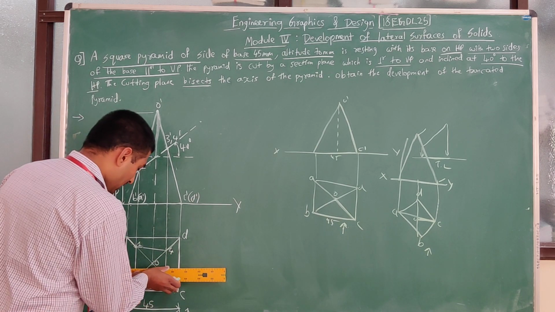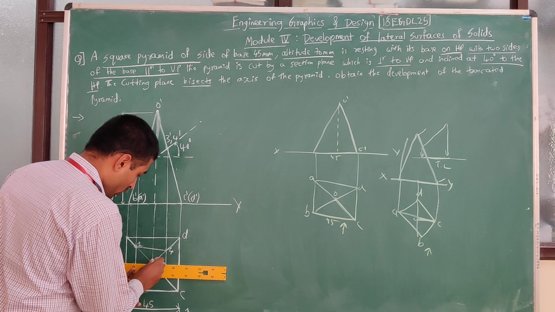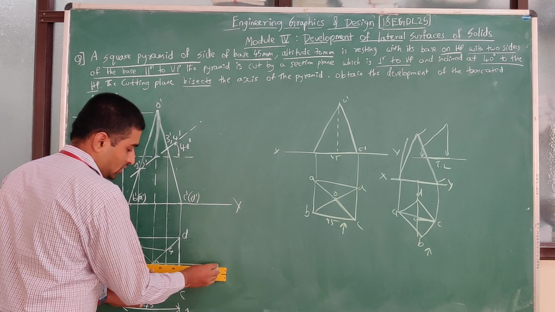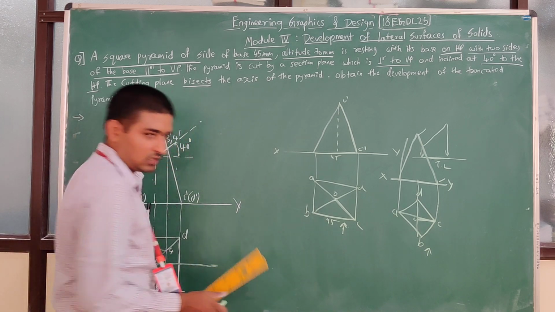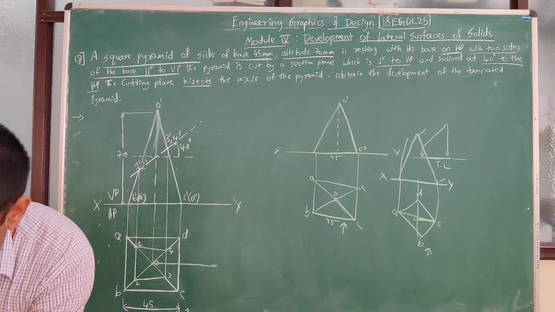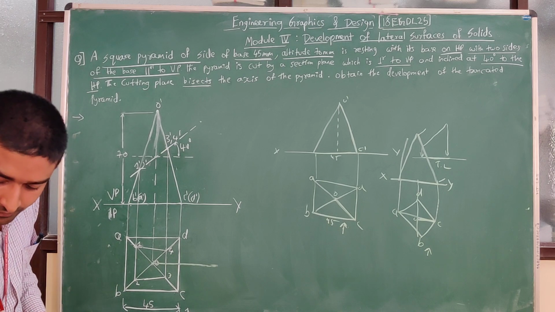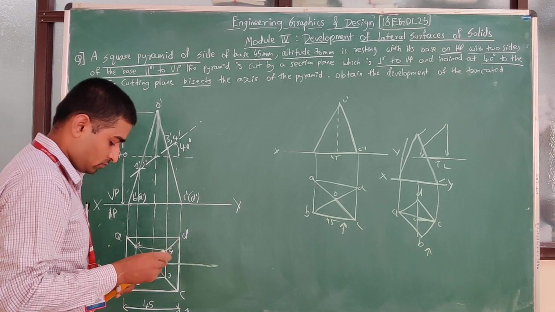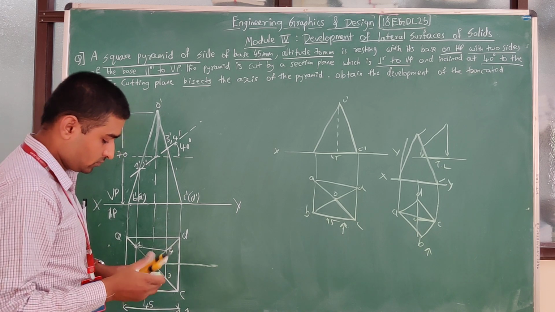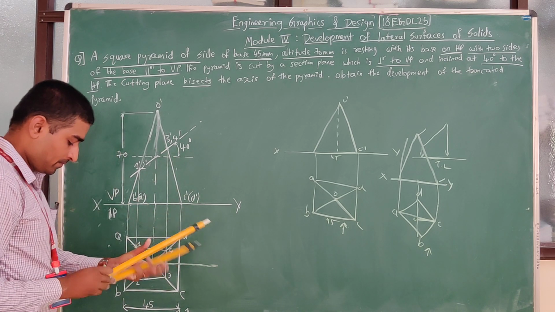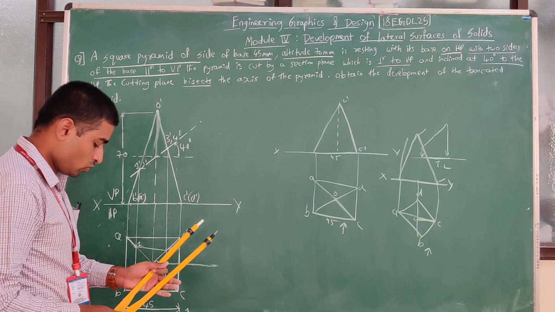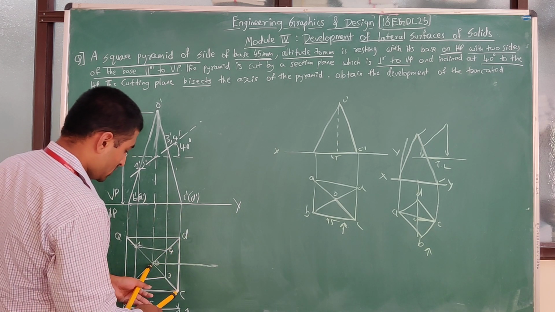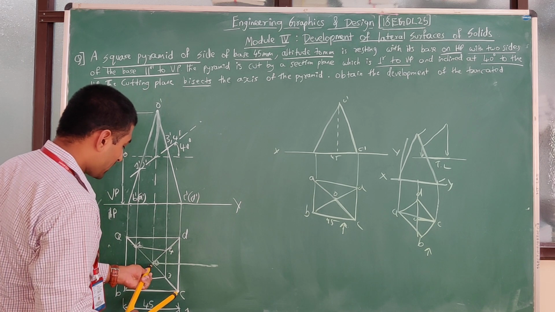Just project a line from the center, that is from O, towards the outside, up to whatever length you want. Then take a rounder, measure the distance from C to O, and just draw an arc.